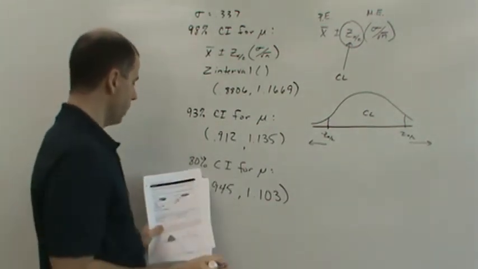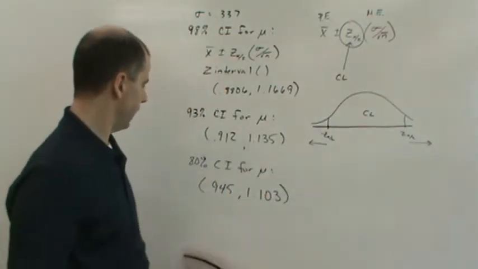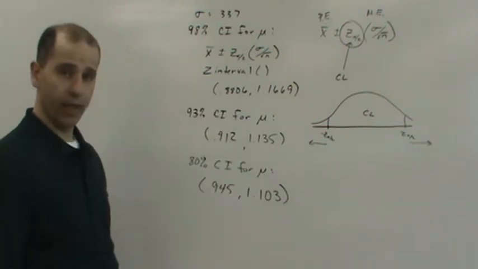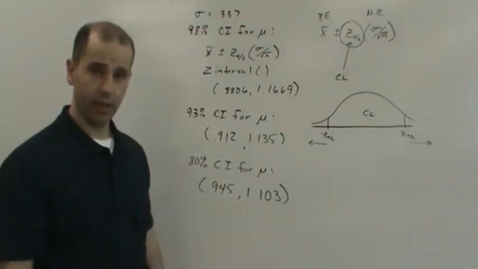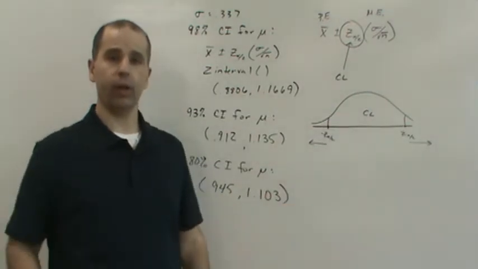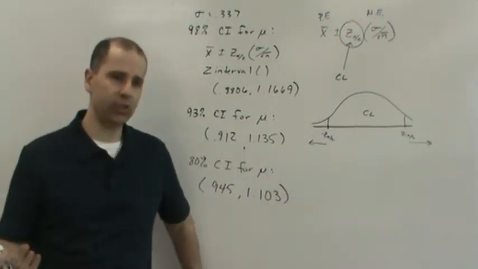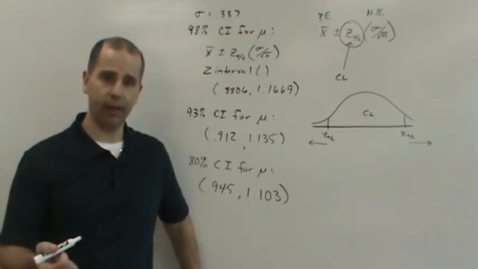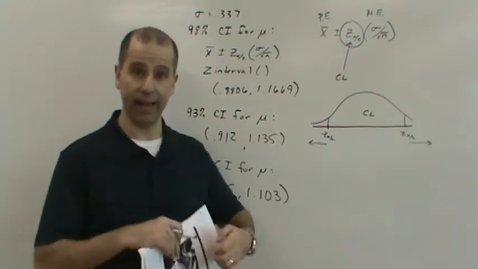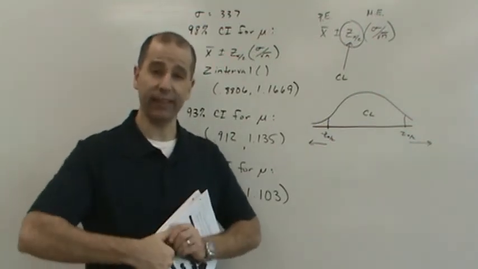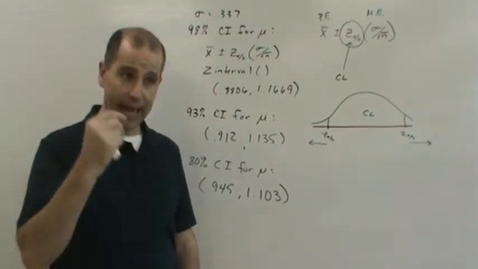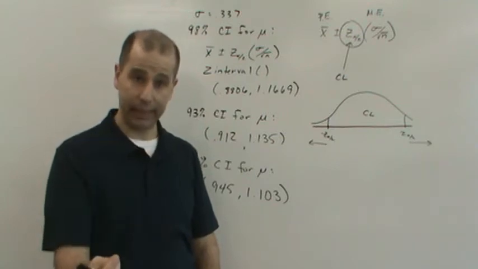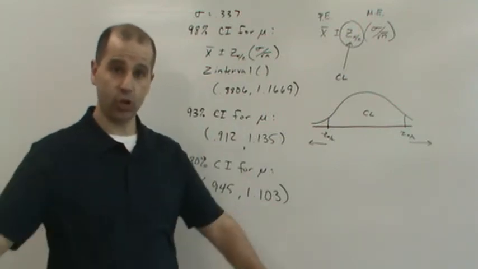So if you just understand the relationship, then you'll know that if everything stays the same except for the confidence level, as confidence level increases, our interval is going to get bigger. Why is that? Intuitively, if we want to be more confident that we have captured, remember the net analogy, the true value of the population mean, I should use a bigger net.